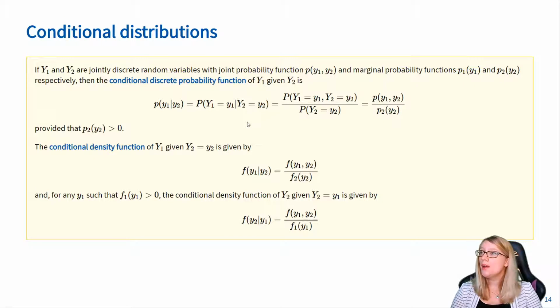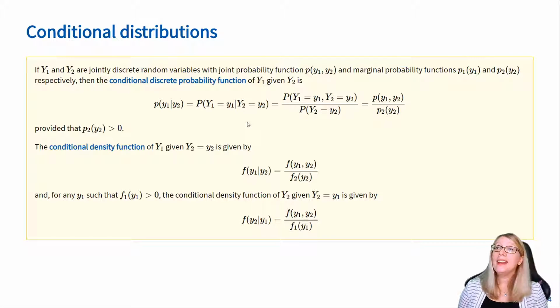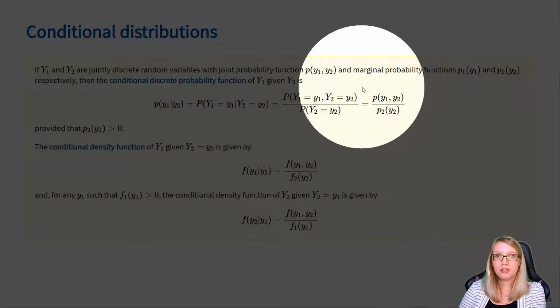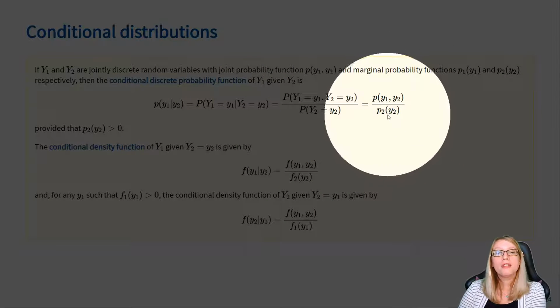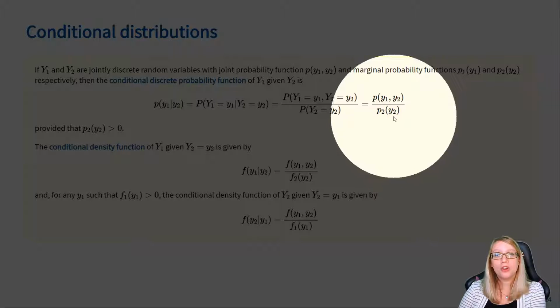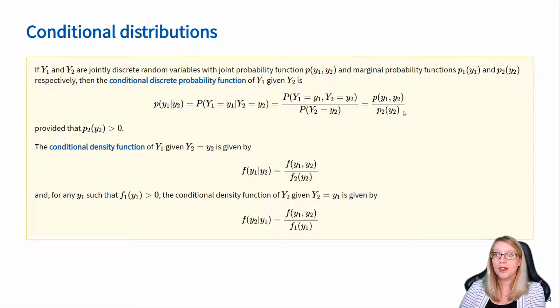So let's let y1 and y2 be jointly discrete random variables with joint PMF P of y1 and y2. In order to find that conditional discrete probability function, what we'll do is take the joint probability mass function and divide that by the marginal with respect to our conditioning variable.